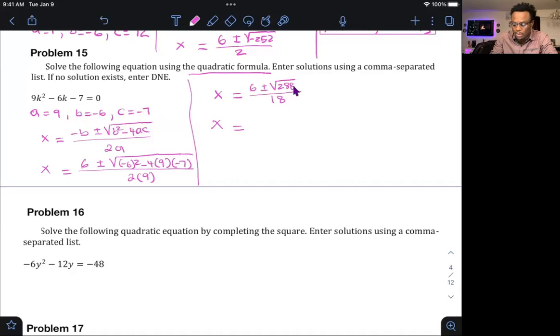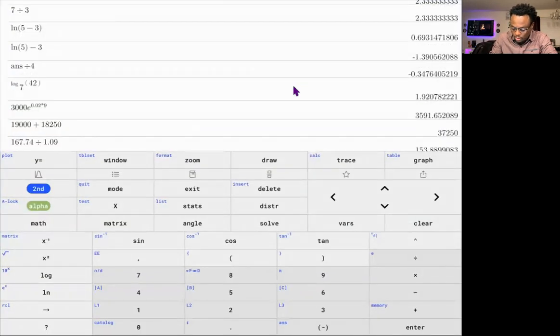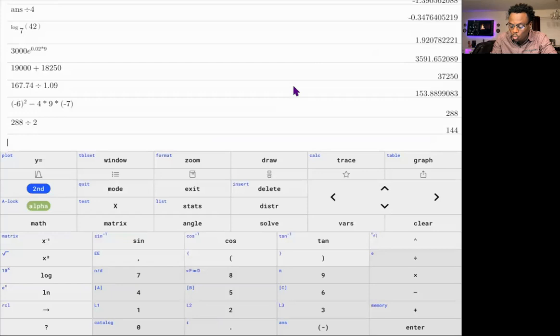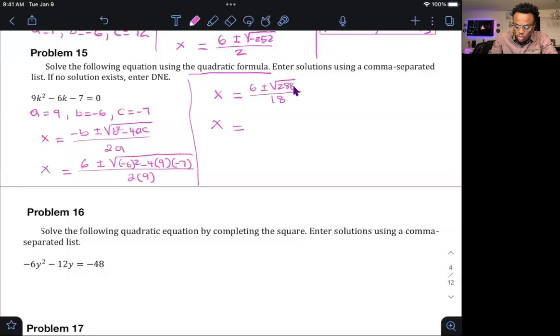If you divide by 2, that is 144. 144 is a perfect square. If you take the square root of 144, that is 12. So that is going to be 6 plus or minus 12 square root of 2 over 18.